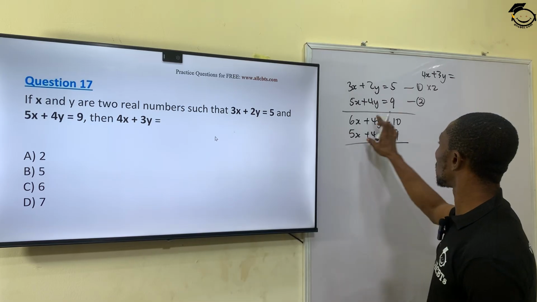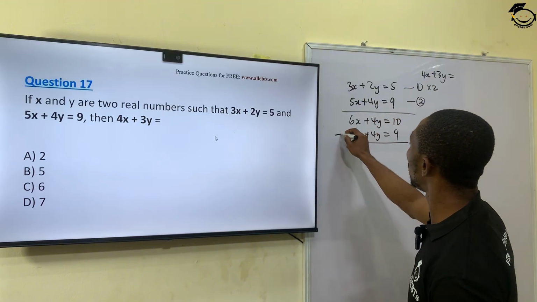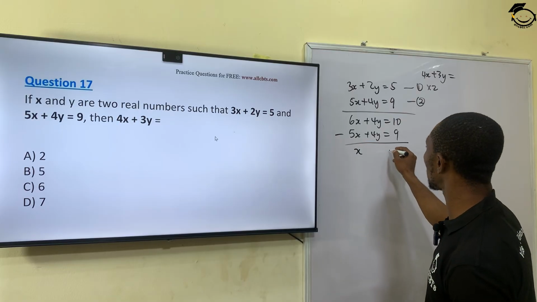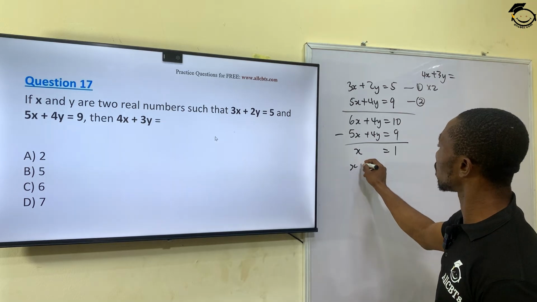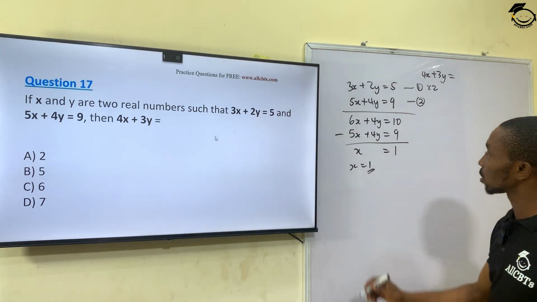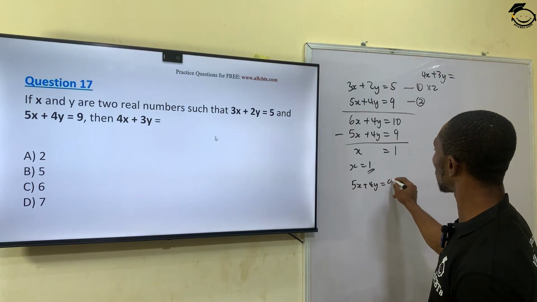Now, since we have this common and the signs are also common, we'll do what? Subtract. 6 minus 5 will give us x, equals 10 minus 9 will give us 1. So our x equals 1. Substituting 1 into any of our equations. So let's see, 5x plus 4y equals 9.